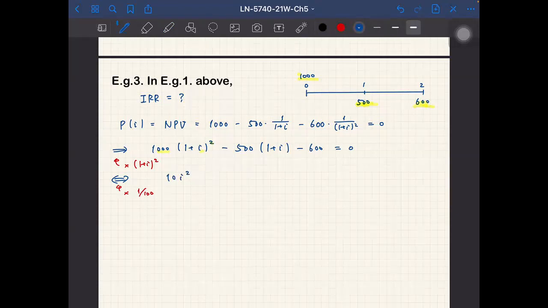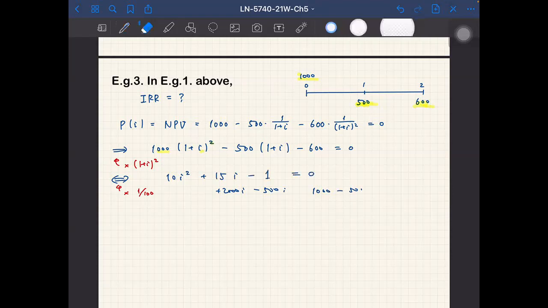The next term is 2,000 times i and minus 500 times i, so that means 1,500 i, and dividing by 100 we get 15 i. Finally 1,000 minus 500 minus 600 is negative 100, which becomes negative 1. So if we simplify this equation, we have 10 i squared plus 15 i minus 1 equals 0. So you can solve this.